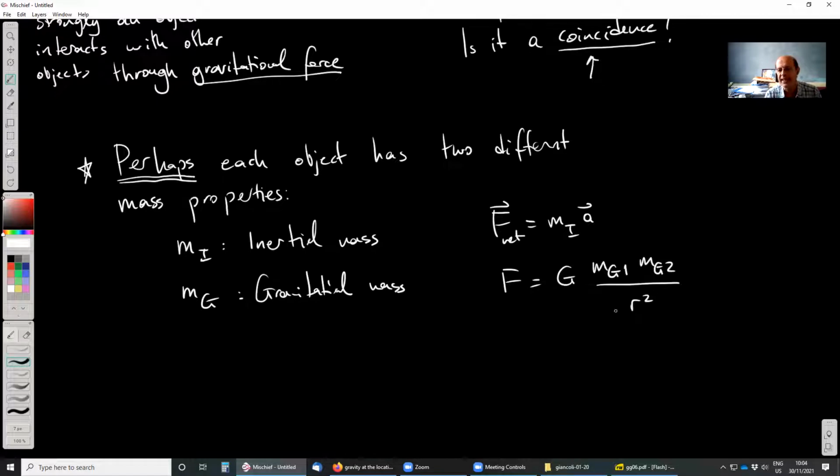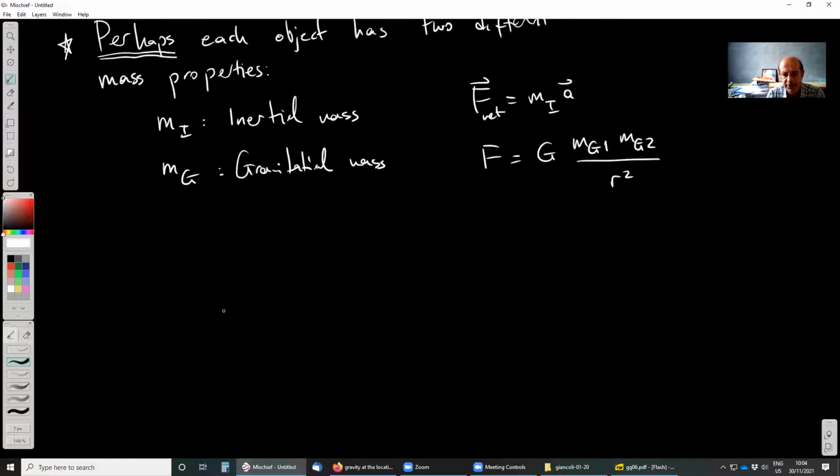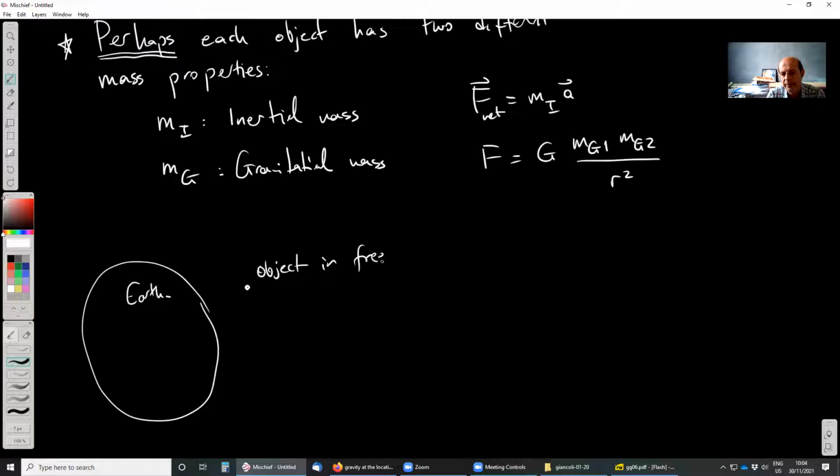So suppose that this is the case. In that case, this is what's going to happen. Let's say that this is the Earth, and I have an object in free fall. This object has an inertial mass, and it also has a gravitational mass.